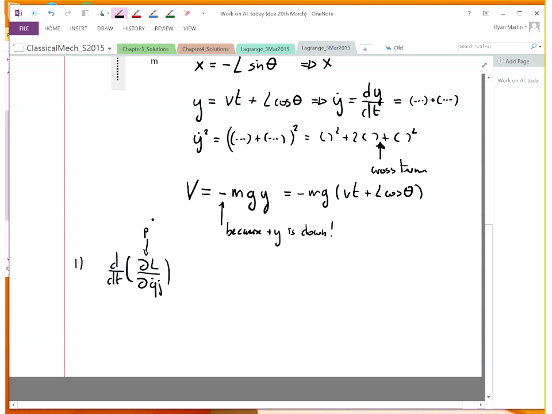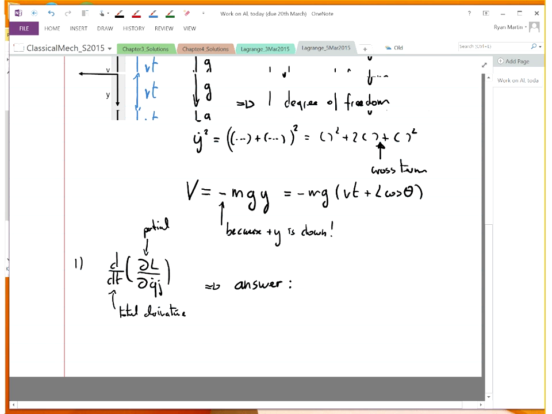So remember, the thing in parentheses is the partial derivative, but the d by dt is the total derivative. When you take d by dt of what's inside the parentheses, if any of the things in the parentheses depends on time, you have to take the time derivative. Okay? Now let me give you the answer.